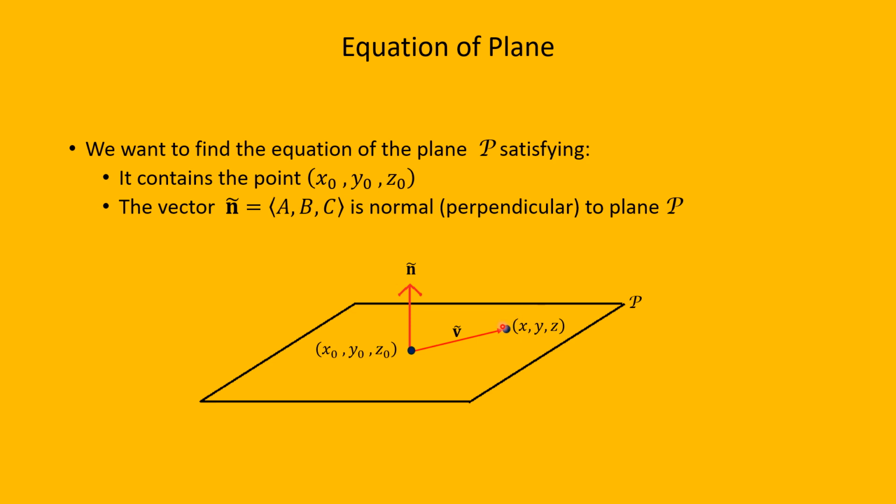What we'll do is pick a point, maybe right here, with coordinates x, y, z, perhaps at the end of this arrow, and figure out what the coordinates x, y, and z have to satisfy.